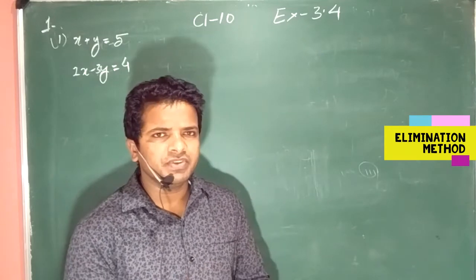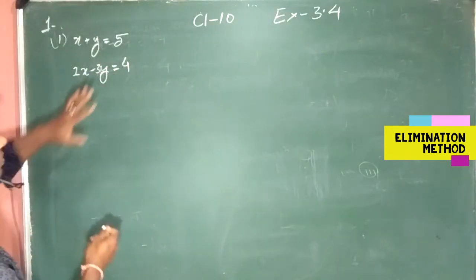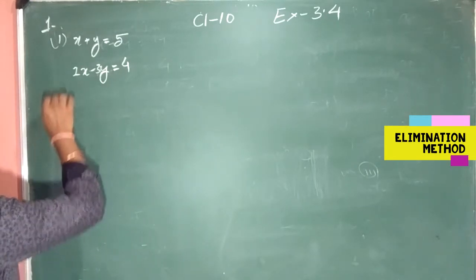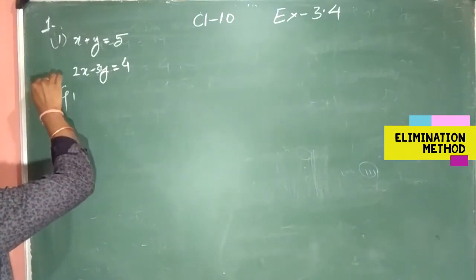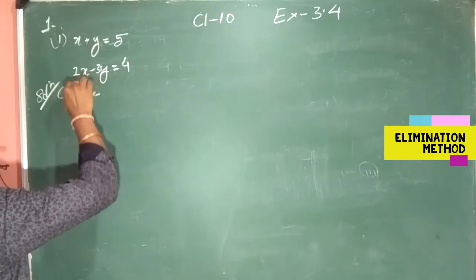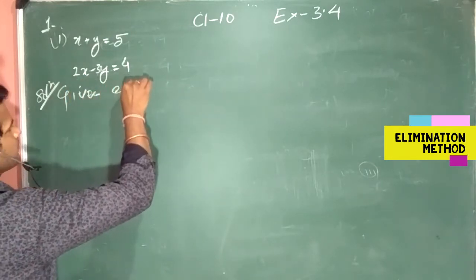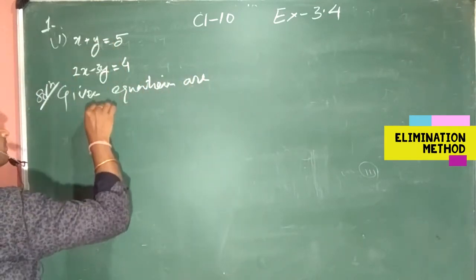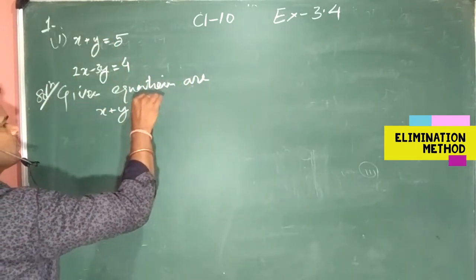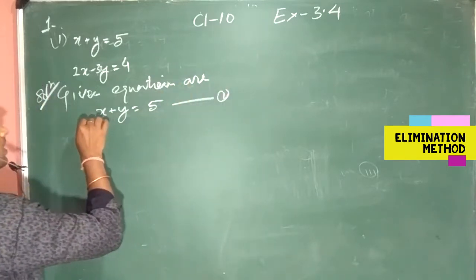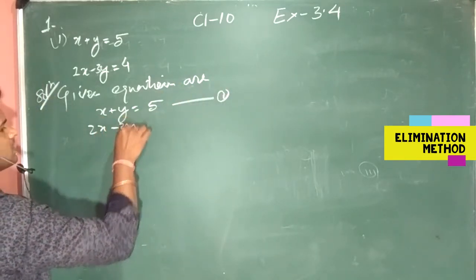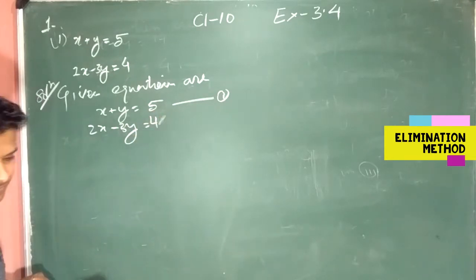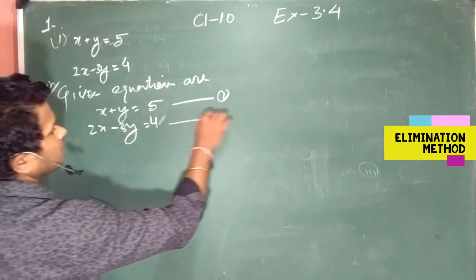In the substitution method, what we did is we took equation 1 and we transfer it. For example, the given equations are x plus y is equal to 5 and 2x minus 3y is equal to 4, equation 2.